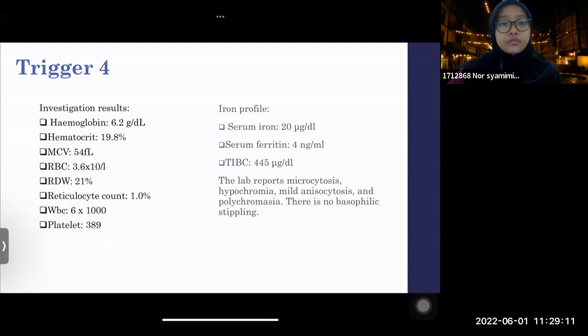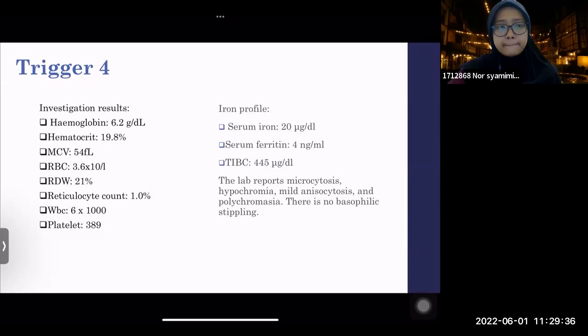In the iron profile, we can see a decrease in iron and ferritin levels and an increase in the TIBC levels. The lab report of the blood film comes out with microcytosis, hypochromia, mild anisocytosis, and polychromasia. So from this investigation, we can say that the patient has iron deficiency anemia.